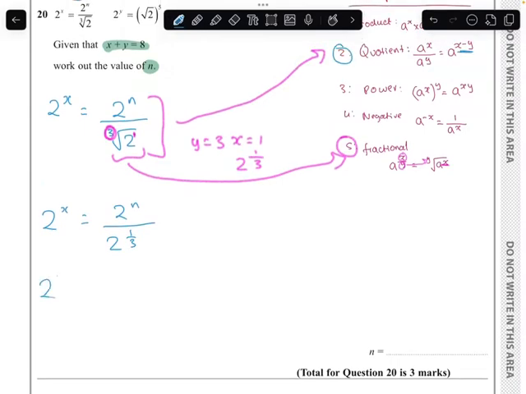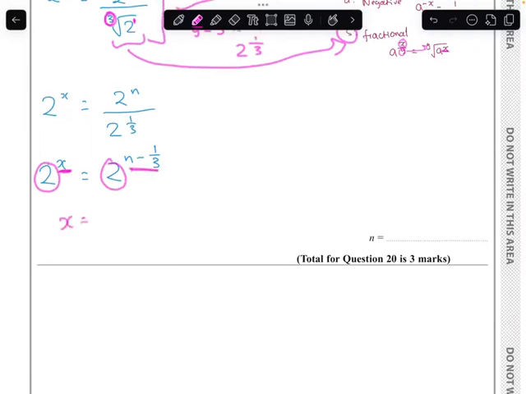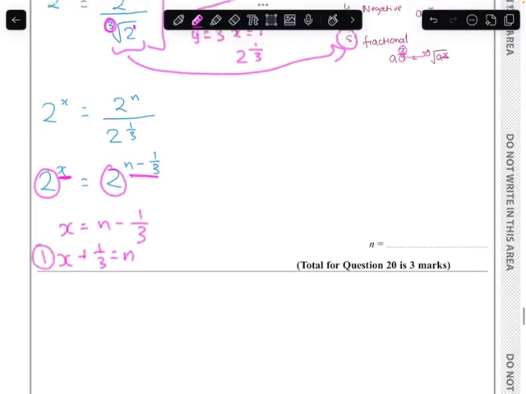So 2 to the x equals 2 to the n minus 1 over 3. Okay, now, since our bases are the same, we can just say our powers are equal. So x equals n minus 1 over 3, rearranging x plus 1 over 3 equals n. This is going to be our first identity.